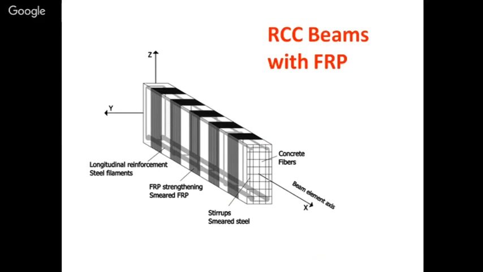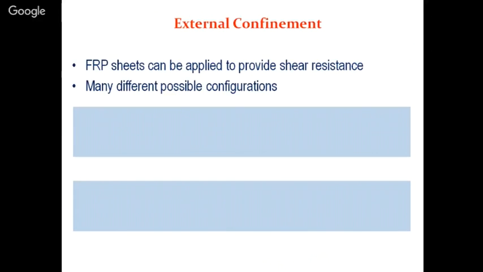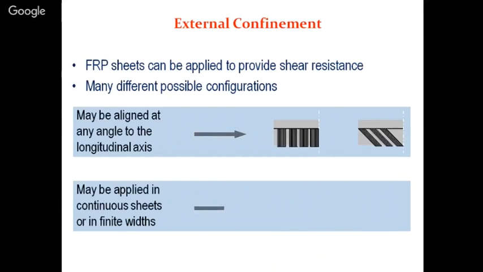Next one is the beam. Previously we have seen the beam column joint. Now the beam. Your beam is a rectangular member or otherwise a T-section. If you want to do FRP strengthening of your beam, it can be done in many ways. You can see a beam with internal confinement by the stirrups and external confinement provided by the FRP.